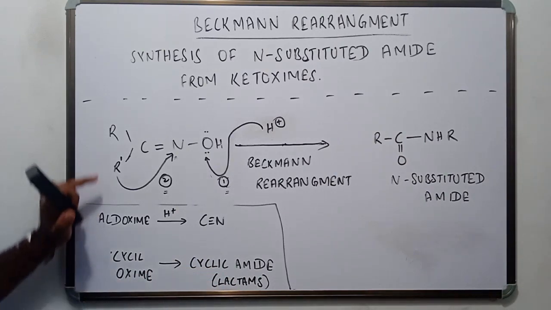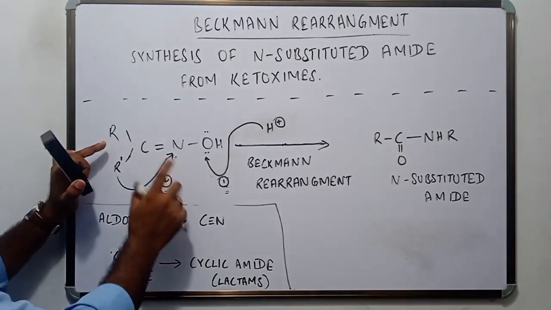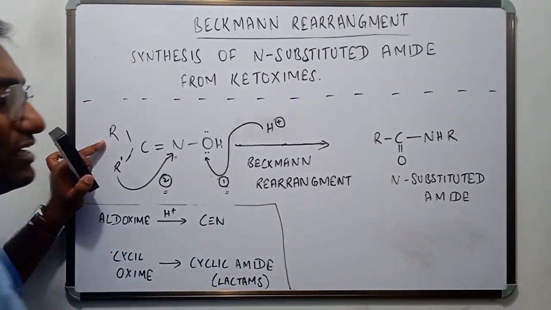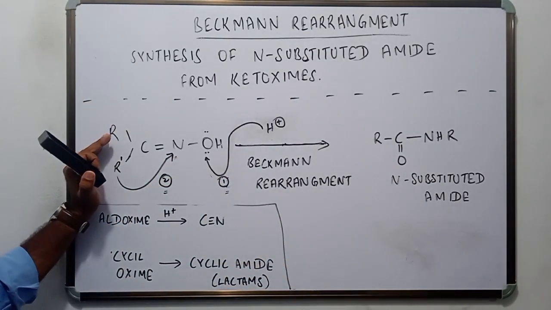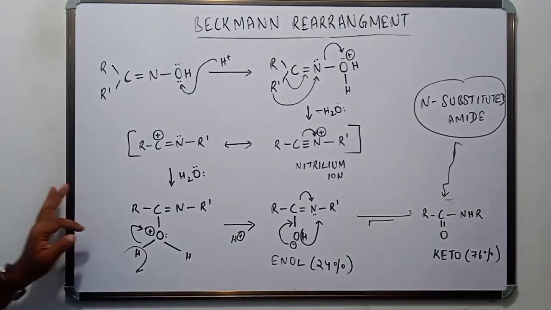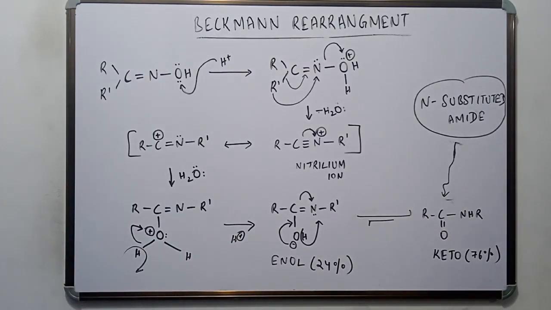However, in this section, we are going to focus our attention on the conversion of ketoxime to N-substituted amide. We'll better understand this reaction by looking at its mechanism. Let us now look at the mechanism of Beckmann rearrangement.